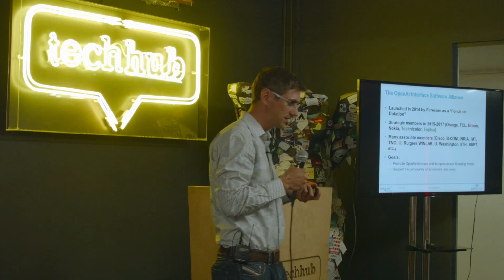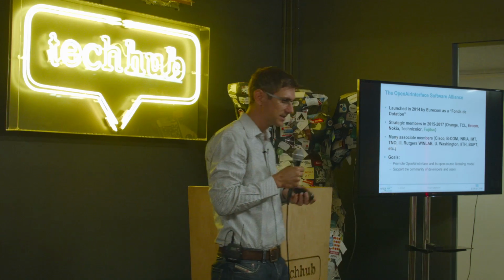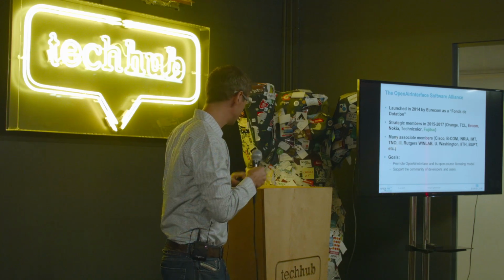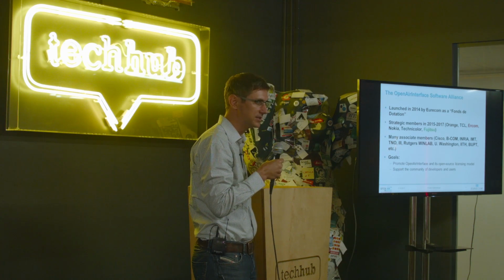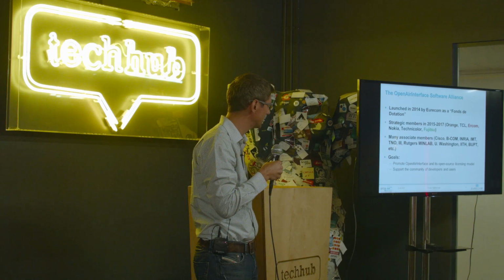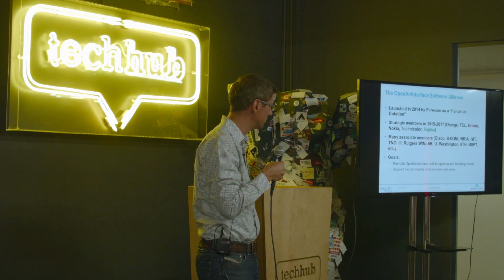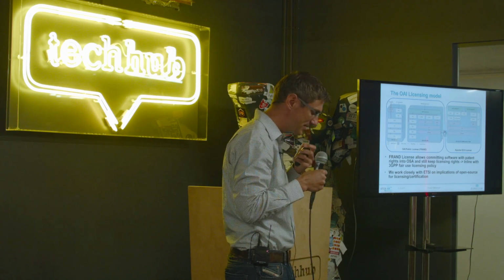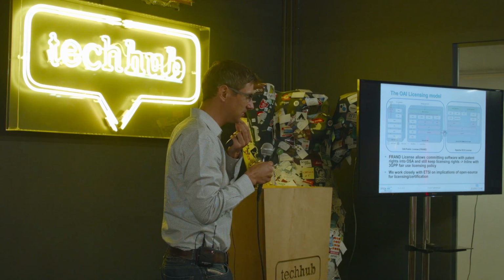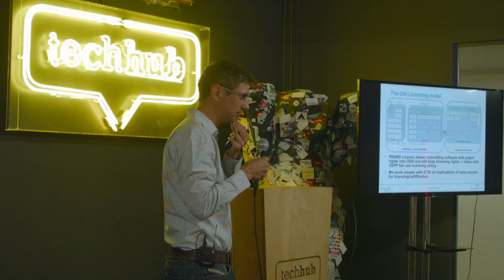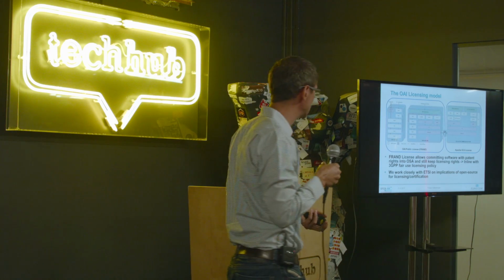Okay, so that's the software alliance today. So as I said, with the goals to promote OpenAirInterface and the vision of its open source licensing model. All right, the licensing model. So this is one of the innovations as well, or contributions from the alliance.